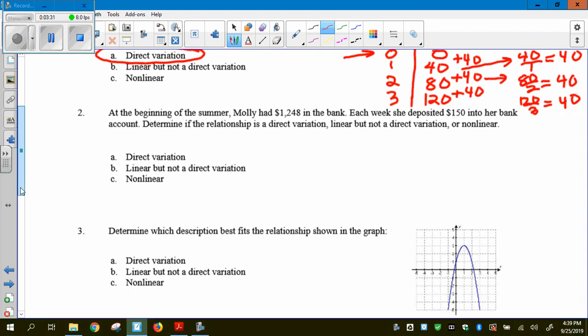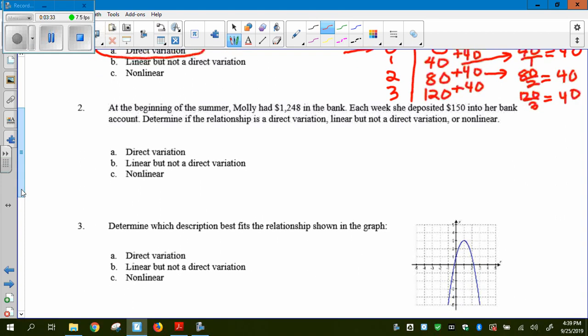All right? Number 2 says at the beginning of the summer, Molly had $1,248 in the bank. Each week she deposited $150. Again, deposit means she's putting the money in. So let's just do a couple weeks here again to see what's going on. Okay? So after 0 weeks, she already has money in the bank.